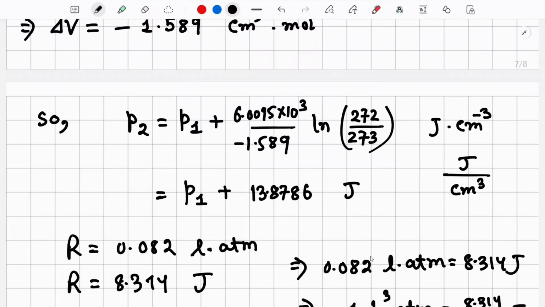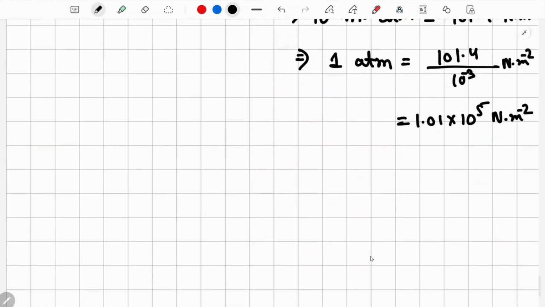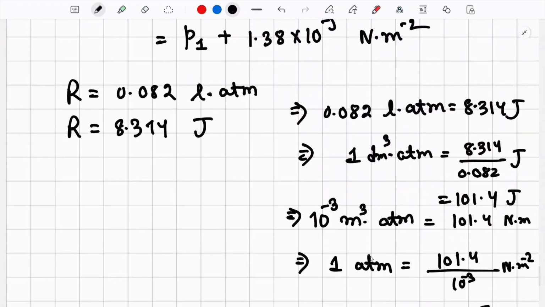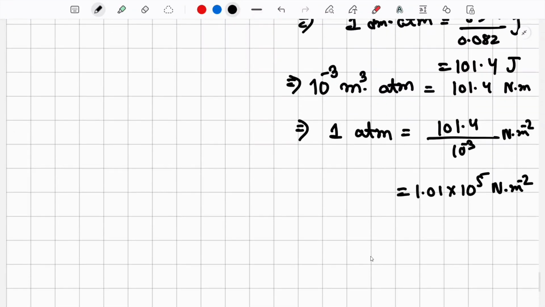What are you saying? What was your answer? So it is eventually 1.38 into 10 to the power minus 5. Then it is Newton per meter square, and 1.01 into 10 to the power 5 is 1 ATM.